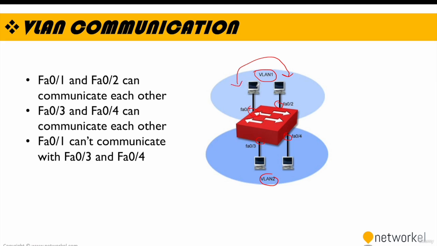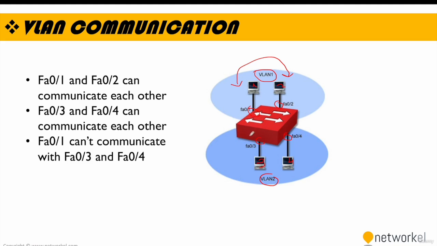So PC1 can communicate with PC2. Also, PC3 can communicate with PC4 because they are in the same VLAN. But PC1 cannot communicate with PC3 and PC4, because they are in a different VLAN.